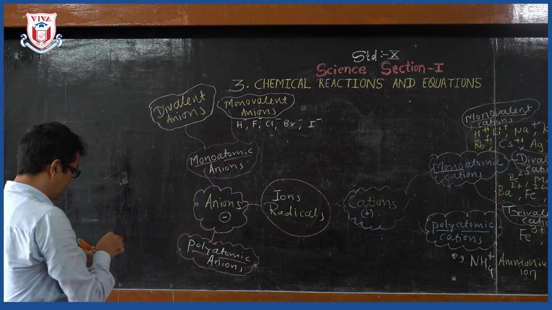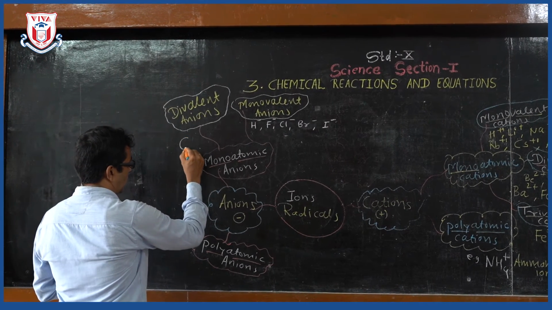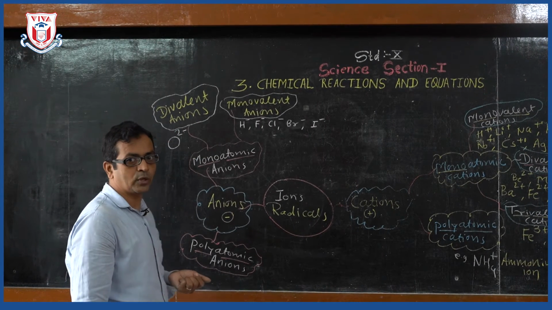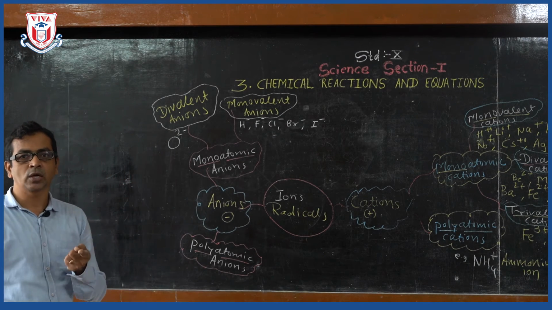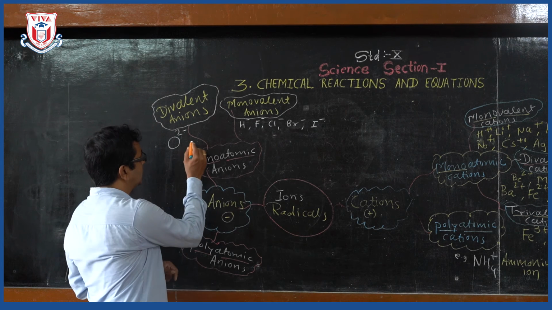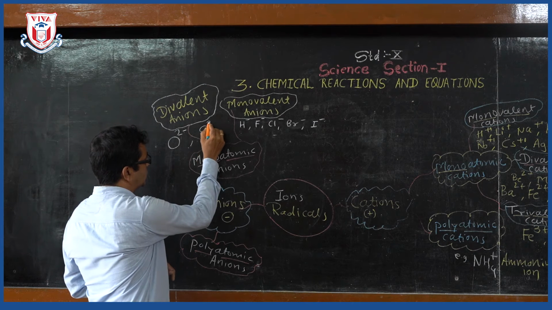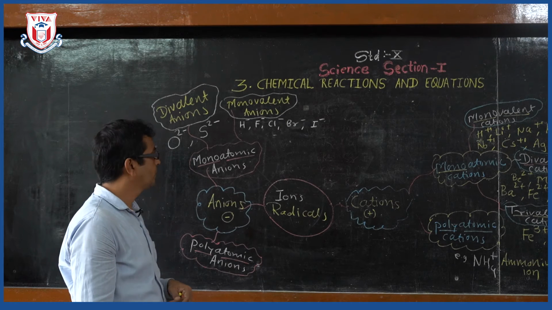I can write examples like O2 minus. Oxygen having 6 electrons in the outermost shell will require 2 electrons to complete its octet, and that's why it is O2 minus. I can write oxide. Second example, you can write S2 minus, that is sulfide.